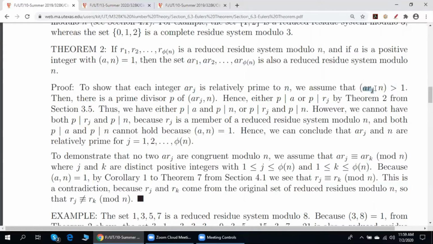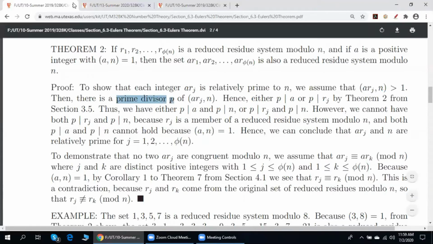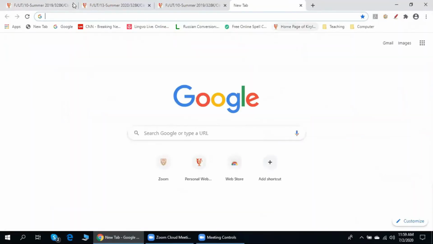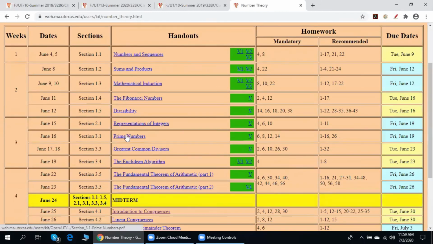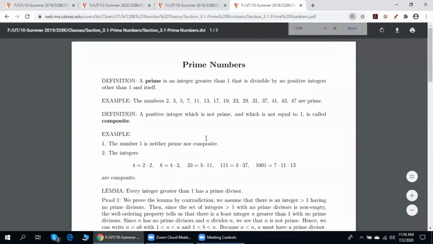Since it is greater than 1, it has a prime divisor.